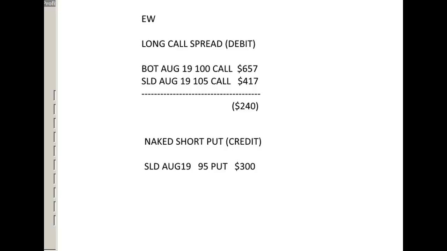So we did an option spread. We bought the August 19th 100 call, paid $657 for it. We sold the August 19th 105 call and received a credit of $417, which resulted in a net debit. We paid $240 for this long spread position.